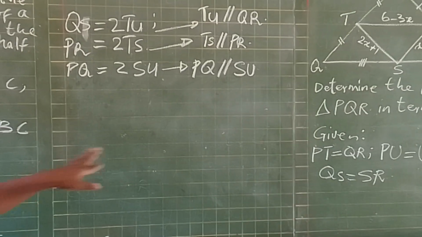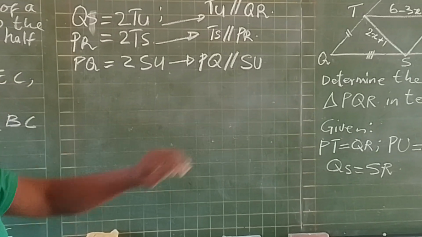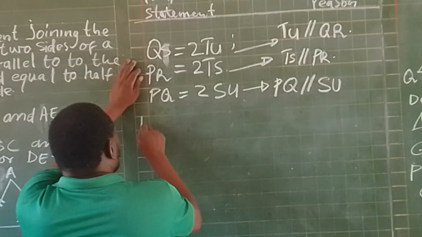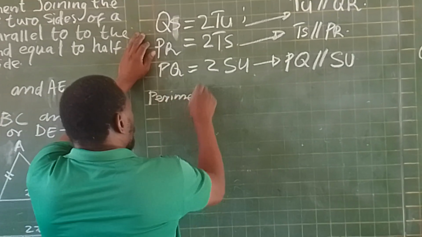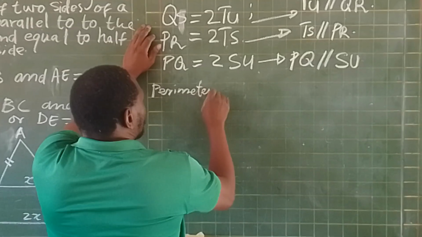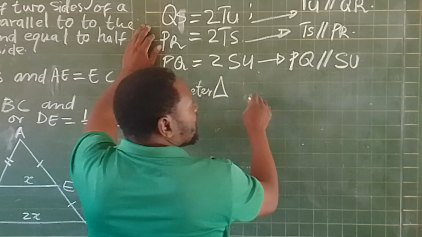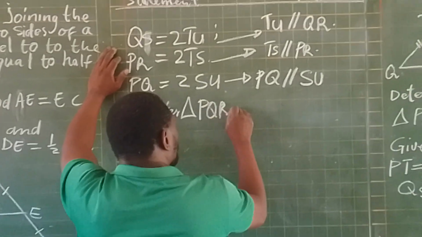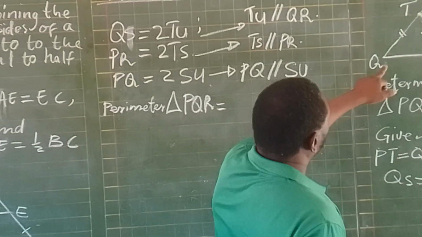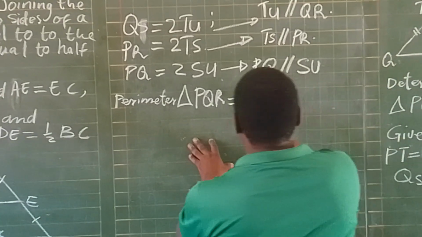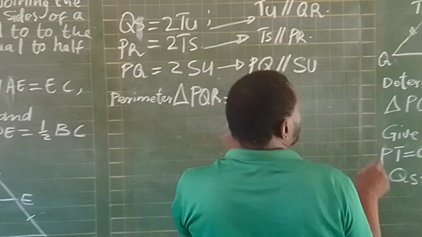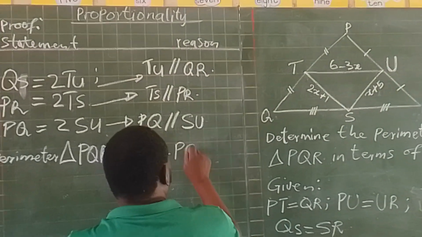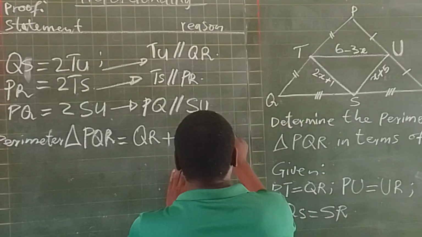So they say determine the perimeter of triangle PQR. The perimeter of triangle PQR is equal to QR plus PR plus PQ.